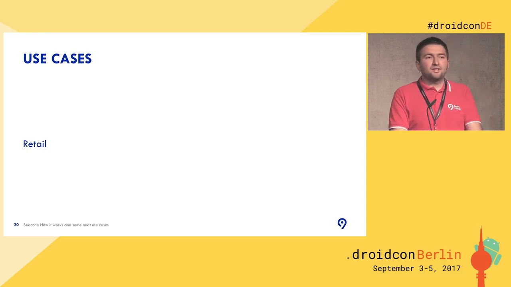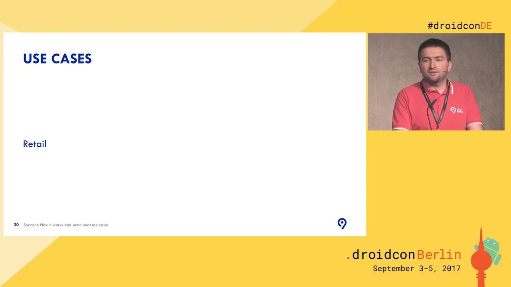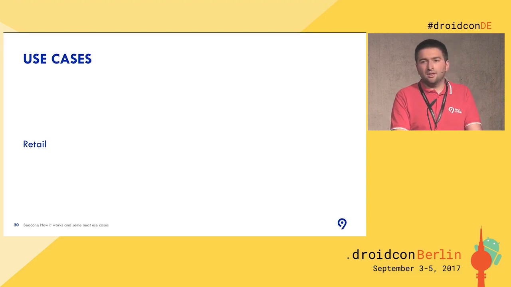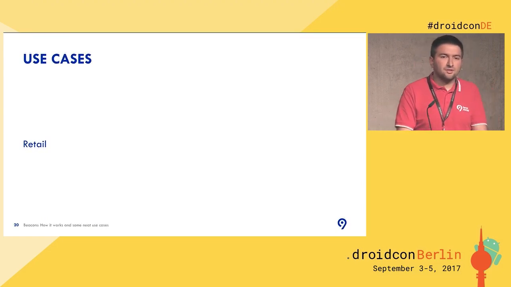If they're using your app, you can send a notification: hey, I see that you are interested in these shoes. Keep in mind that we have these shoes in different colors in our online store. Would you like to order now or try it in another shop? This is a quite neat use case for a short range scenario.